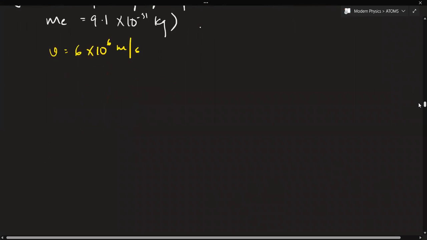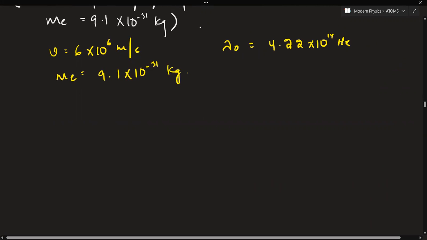Now see, velocity is 6 into 10 to the power 6. And the threshold frequency is given as 4.22 into 10 to the power 14 hertz. Planck's constant is known, and the mass of the electron is 9.1 into 10 to the power minus 31 kg. Now from Einstein's photoelectric equation, half m v square is the kinetic energy.